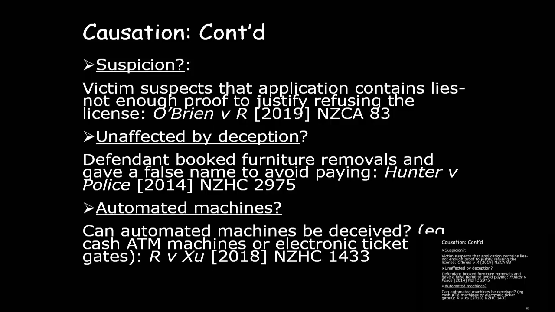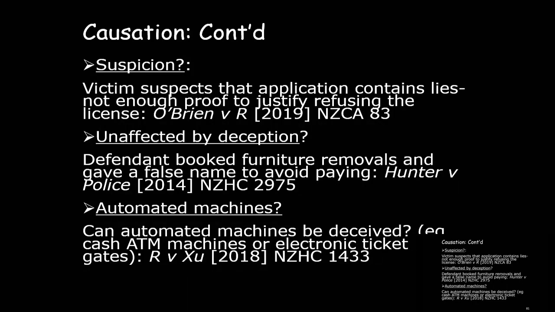In the case of Hunter and Police, this guy gave a false name to a furniture removal company because he didn't want to pay. Right, so he thought if he gave a false name, that would mean that they wouldn't be able to pursue him. And they provided the service to him. They removed his furniture for him.